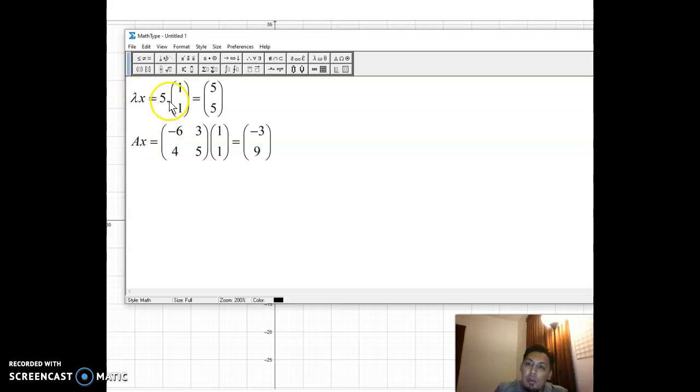The difference between these two is that this vector is being multiplied with a constant, one value. In the case of the matrix, we don't have one value, but we do have a matrix. But the thing is actually the same. You want to multiply and get a new vector that is along the same line.